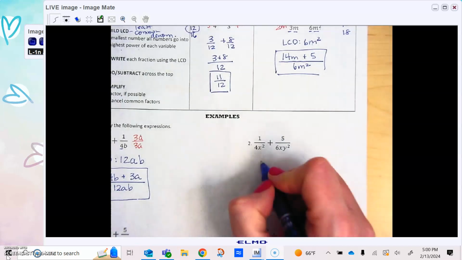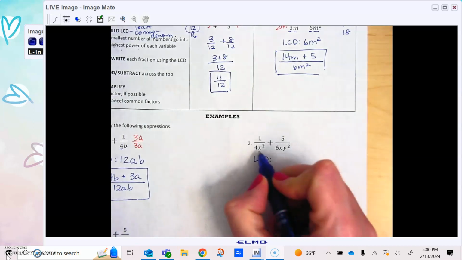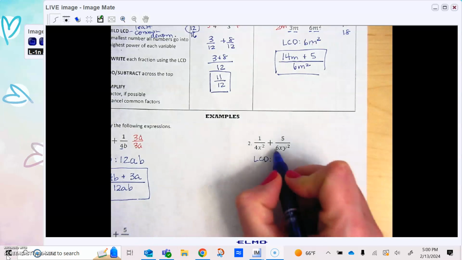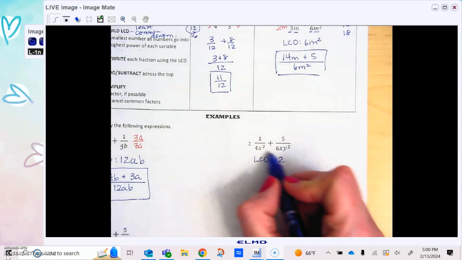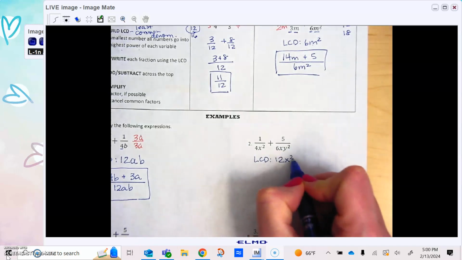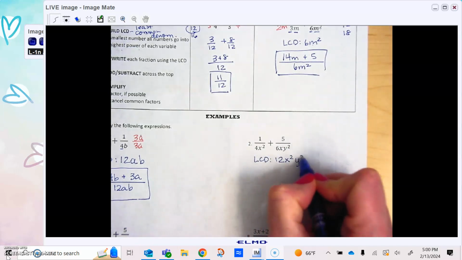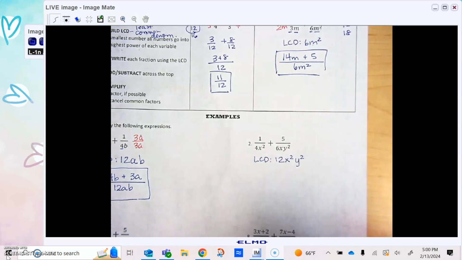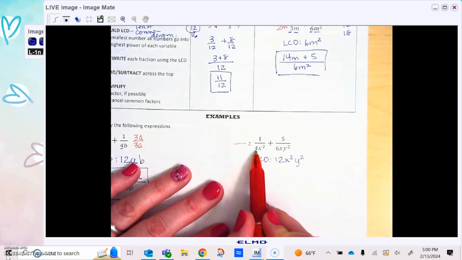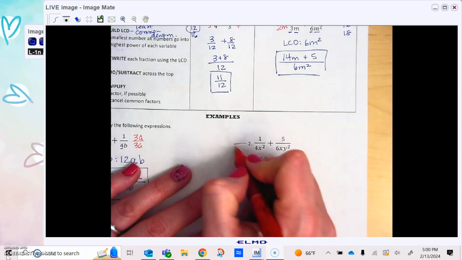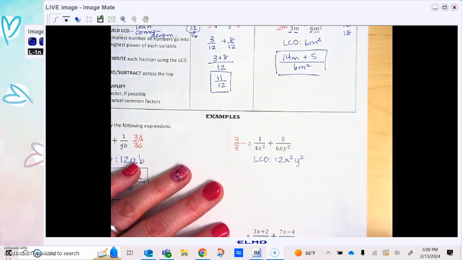All right, so for number 2, the LCD for 4 and 6 is 12. The LCD for the x's is x squared, and then the group denominator needs a y squared for this one. So to rewrite my fractions in this first denominator, I'll do 4 times 3 gets me 12.